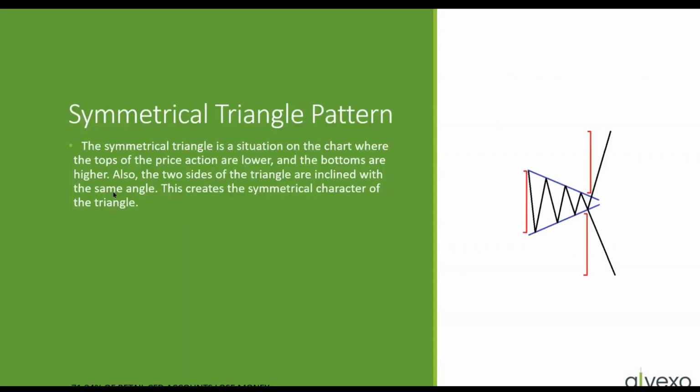So we have a symmetrical triangle. Now, the symmetrical triangle is a situation in a chart where the tops of the price action are lower and the bottoms are higher. Also, the two sides of the triangle are inclined with the same angle. Now, if you notice in my little sketch over here, we've taken this base and we haven't made an assumption.